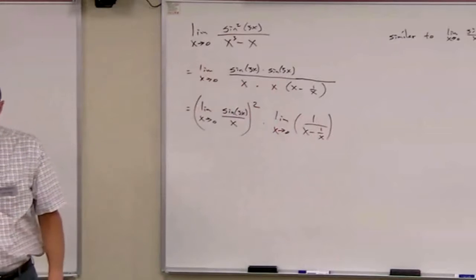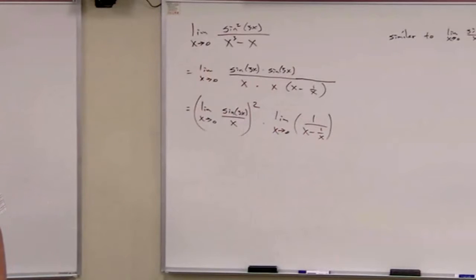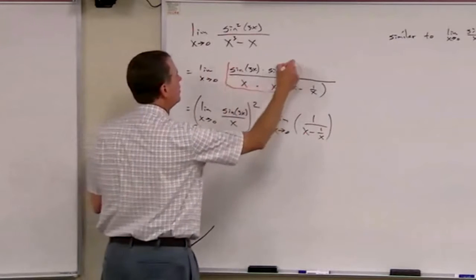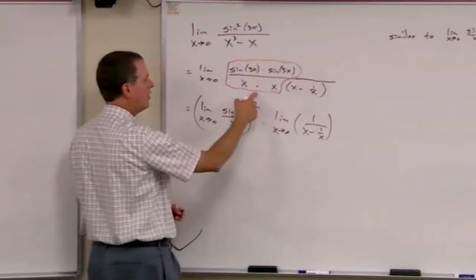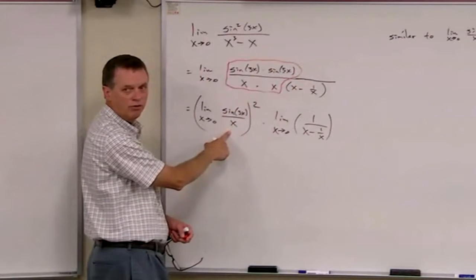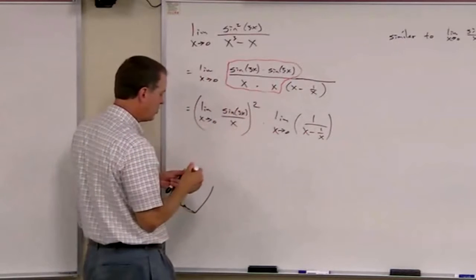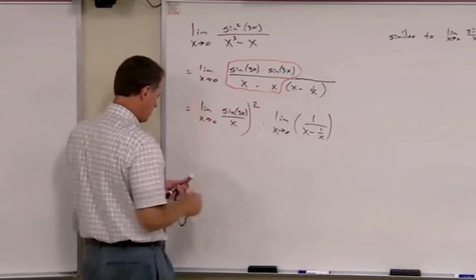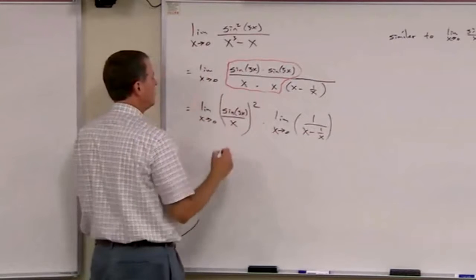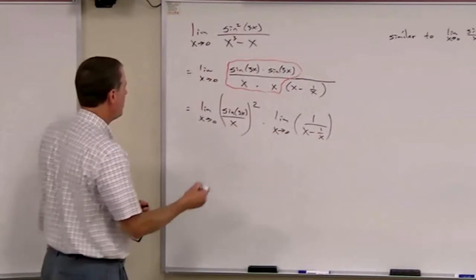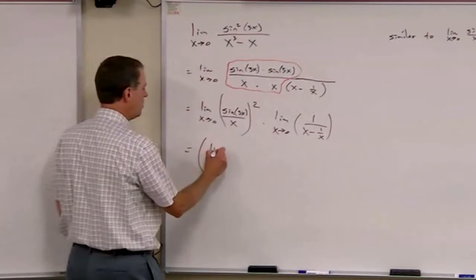Are we with us to there? So I took these two things here, the square of sine of 3x over x. And because it's the square of it, I can take that outside the limit. So maybe I should have done that in 2 steps. Maybe that was confusing. Let's do it in 2 steps. Okay, there we go. Now I can rewrite this one like I had a moment ago.